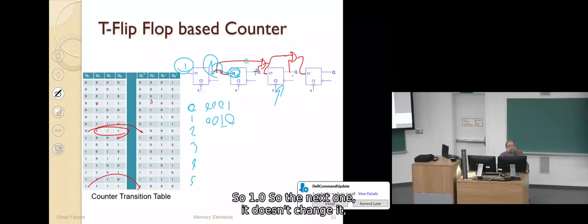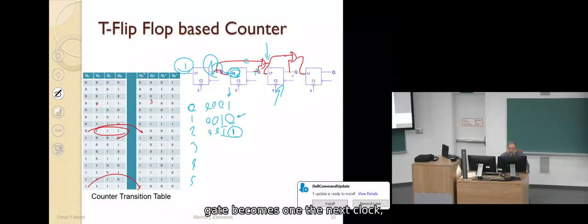So 1 and 0 doesn't change the next one. Q0 toggles for sure. Now we have 1 and 1 here, so the output of this AND gate becomes 1. The next clock, Q2 toggles, and so on. A counter from 0 to 15, again 0 to 15, and so on.